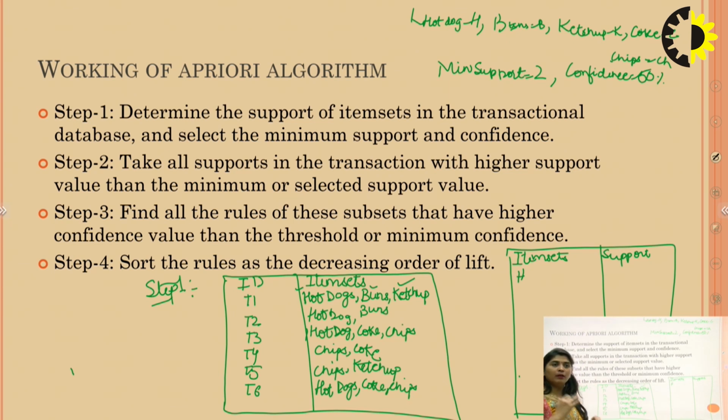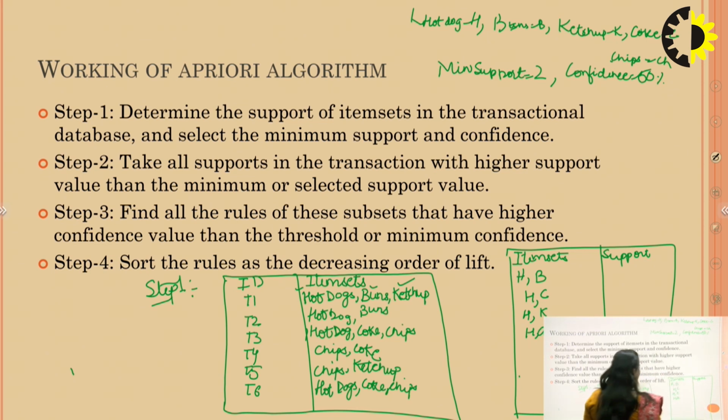These can be the values of how the values can exist with the hot dog. So hot dog, buns, okay. Then hot dog can come with Coke, hot dog can come with ketchup, hot dog can come with chips.